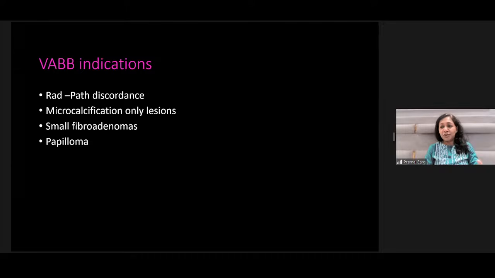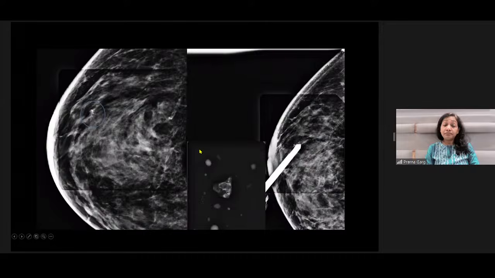Now, I would like to show you a case of VAB that we did. There was this young lady around 35 years of age, post-BCS for triple negative breast cancer. She was on surveillance, and we detected this calcification. Initially, we thought it was all dystrophic calcification and that we could observe it, but we were not very comfortable.